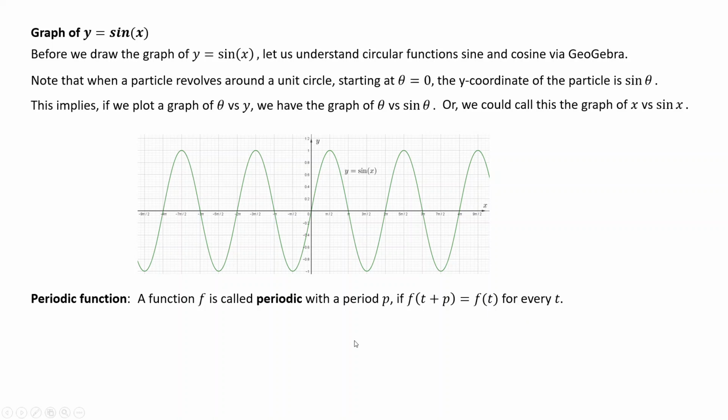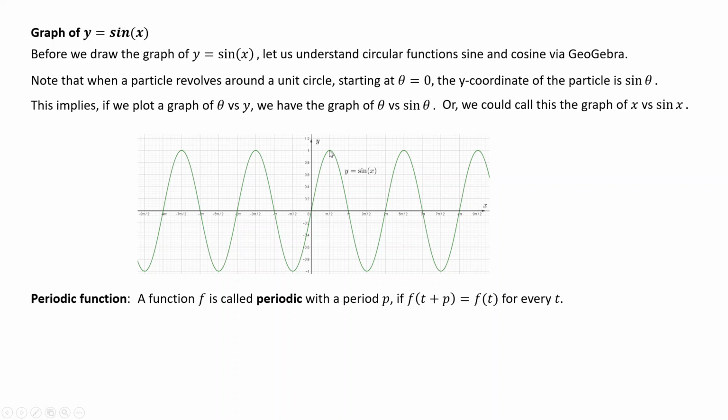The question is, does the sine look like a periodic function? Let's see. Let's look at x equals pi half. At x equals pi half, sine of x is 1.